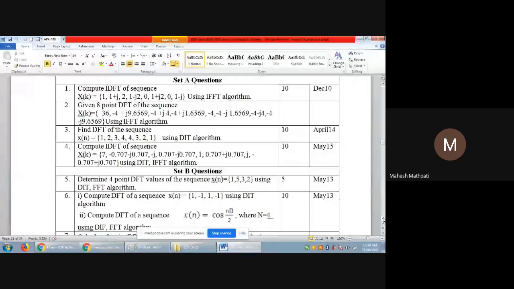Now, in this question, they have not mentioned which algorithm should be used, either DIT or DIF. So what is to be used here? DIF.